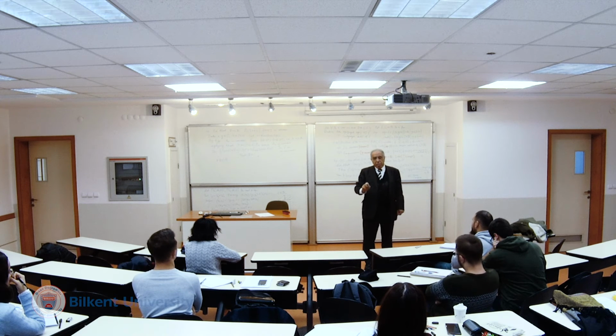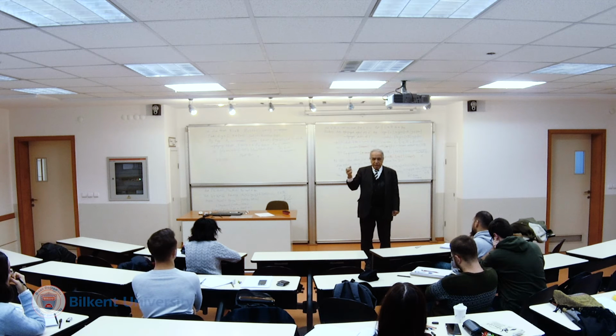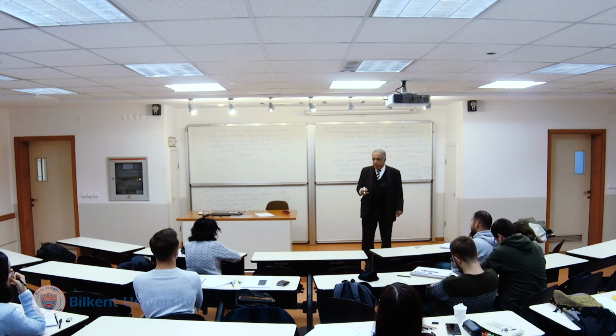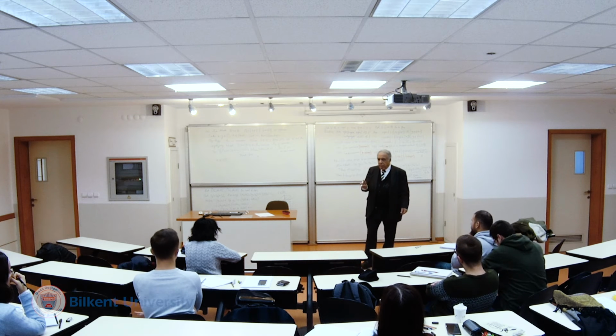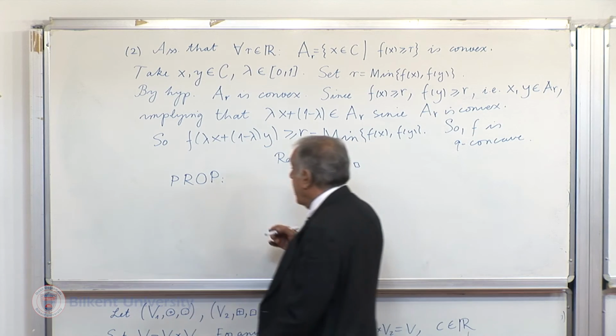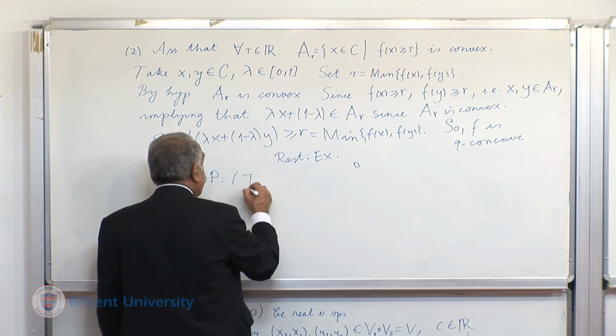How will that correspond to the corresponding convex combination of the images f of x1, f of x2, f of xk? Now what we expect is that the same inequality should prevail there, and that's known as Jensen's inequality.